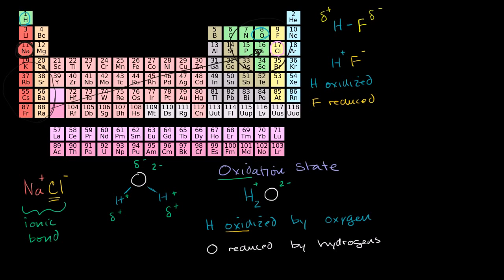One of the mnemonics is LEO the lion says GER. This is to remember that losing electrons is oxidation, and gaining electrons is reduction.